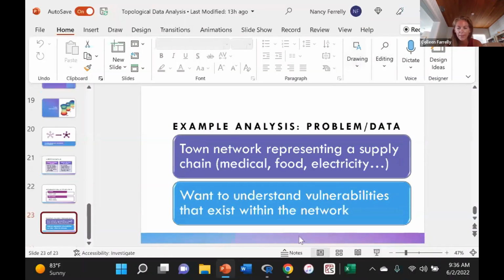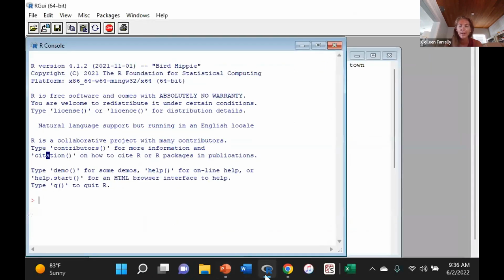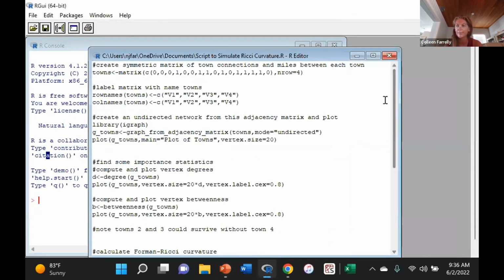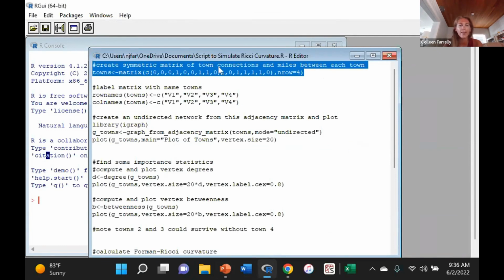So let's turn to R, and hopefully this will run. I've been using R on this computer, so I think everything should run on this one. We're going to create our matrix of 4 towns, and we could do a weighted network, but it makes the calculations more complicated.